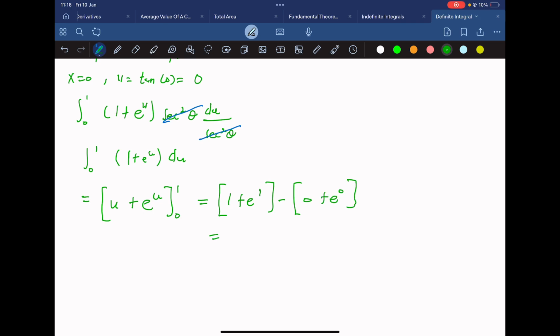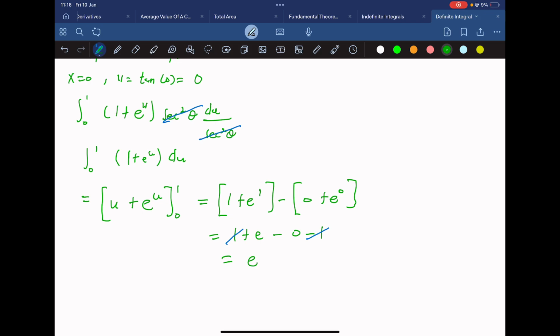So this simplifies to 1 plus, now e to the exponent of 1 is just e, minus 0, minus, now e to the exponent of 0 is 1. So you see 1 minus 1 cancels out, so this cancels out this. So you just have e minus 0, which is just e. So I hope this is clear.